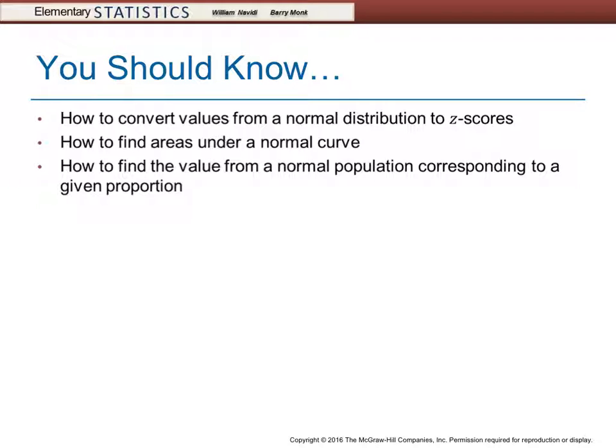And finally, you should be able to find a value x on a normal population corresponding to a given proportion or probability. So that concludes section 7.2. We'll eventually get to 7.3, which is sampling distributions, but we'll be taking a break before we get to that.